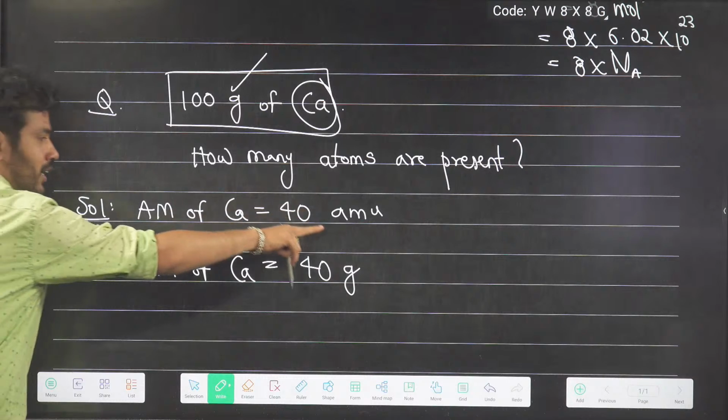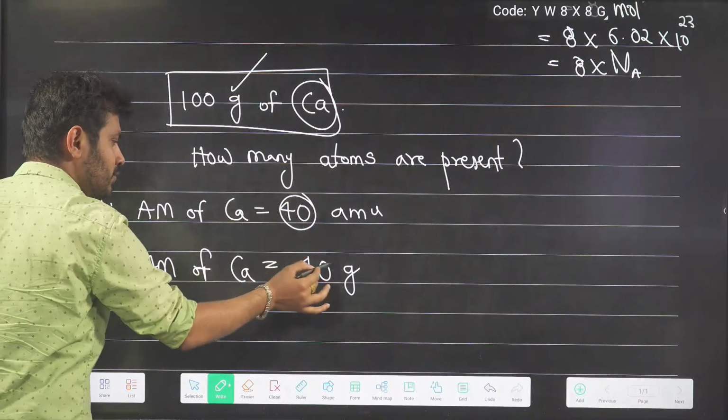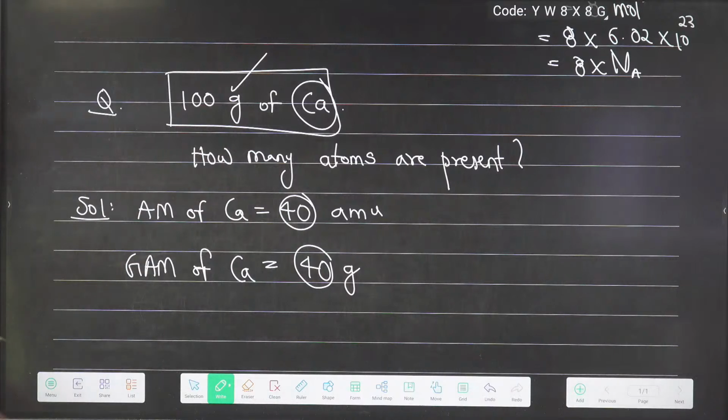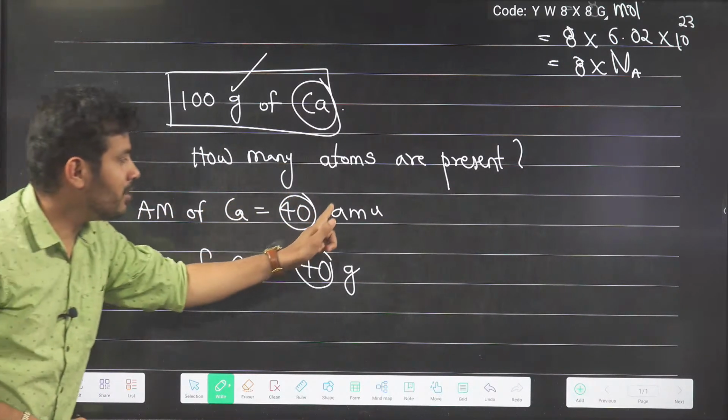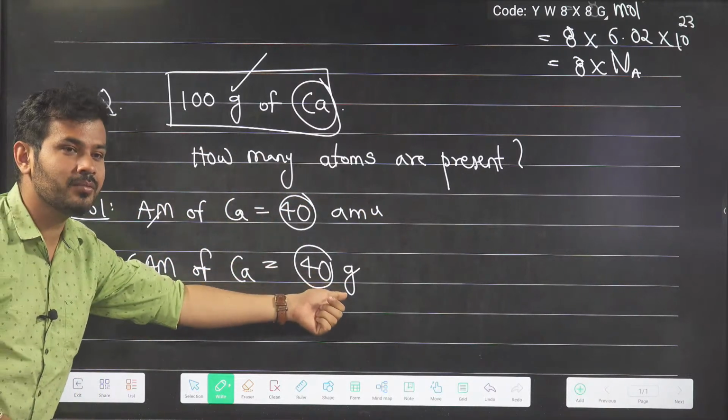Atomic mass is 40 AMU, gram atomic mass is 40 gram. The number is the same, guys. The only thing is atomic mass is in atomic mass units, and gram atomic mass is in terms of grams.